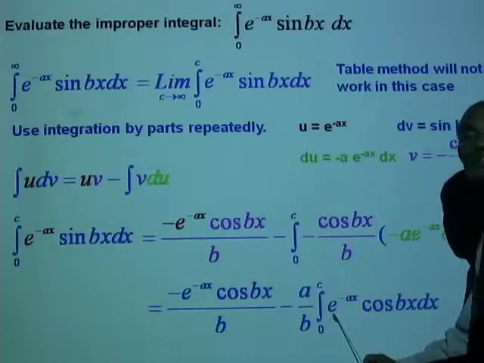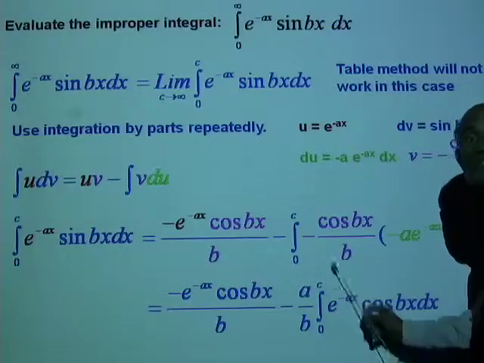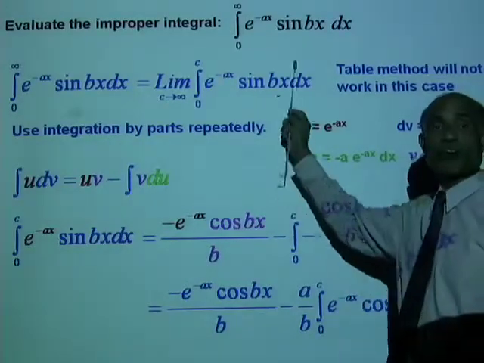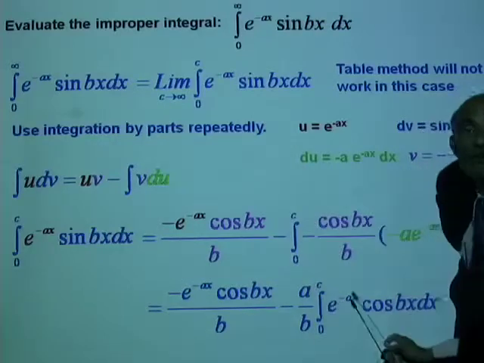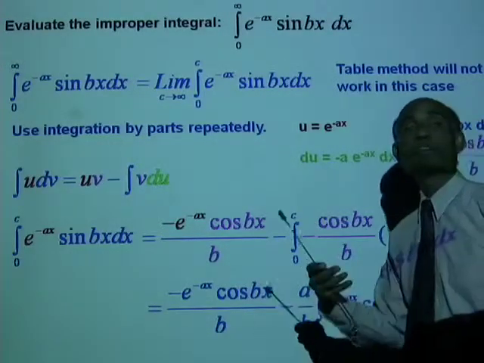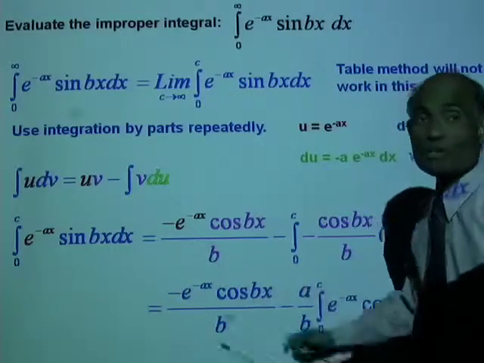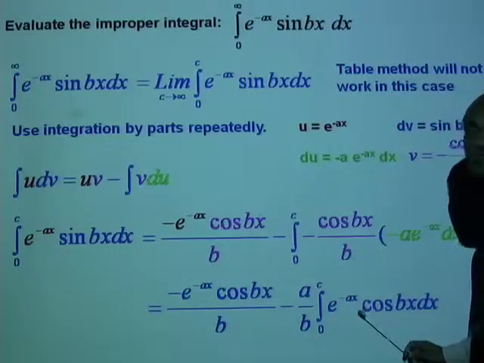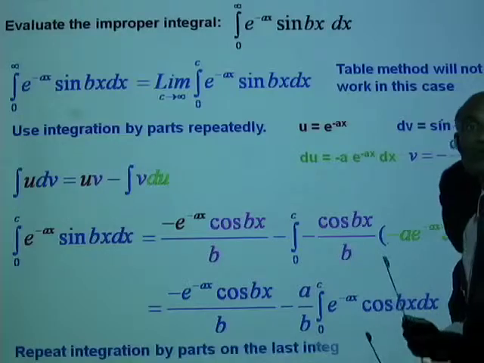And you notice this is now an expression similar to the one that we started with. And so what we're going to do is take this and do integration by parts one more time. Alright, watch this carefully. This is an important type of problem.